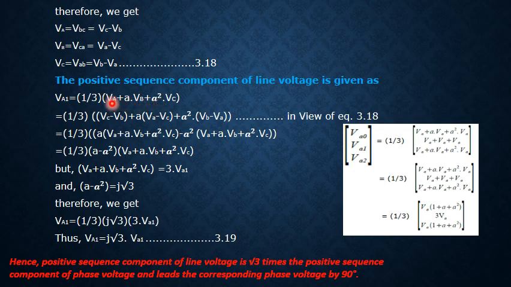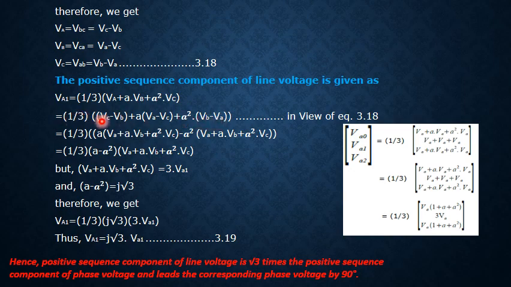So VA is nothing but Vc minus Vb, plus A into (Vb minus Vc... ) the line voltage VB in terms of phase voltage will be equal to Va minus Vc, plus A square into line voltage VC, which we obtained from our previous equation, Vb minus Va. So instead of writing line voltage, I am going to represent it in phase voltages like this.